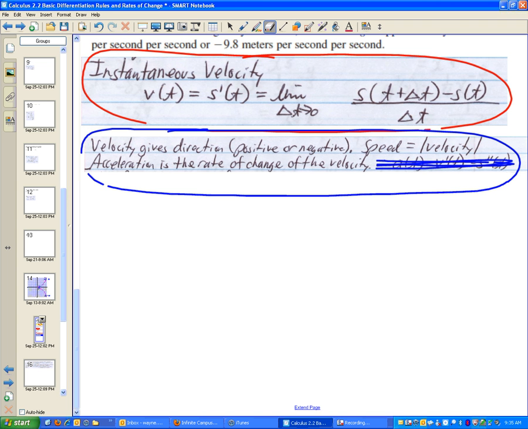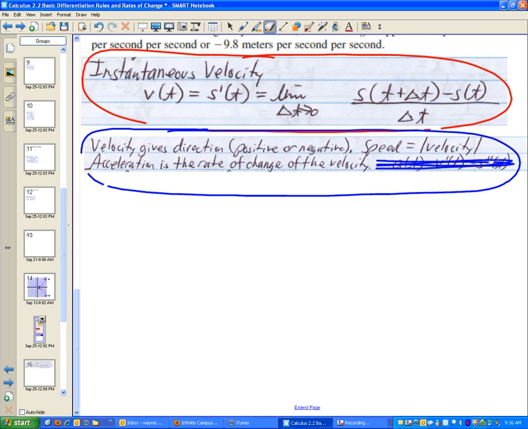It's just a way to measure the rate of change of the velocity. In other words, think of this, okay? You could be driving forward, but slowing down. Your velocity is positive because you're going forward. Your acceleration is negative because the rate of change of the velocity is negative. You could be driving forward and speeding up, so your acceleration would be positive then.